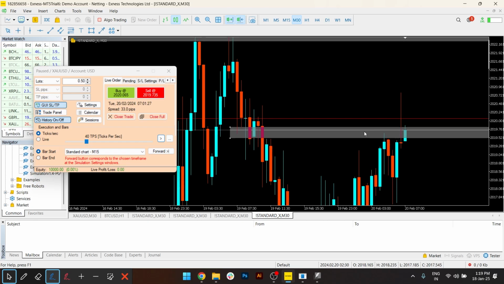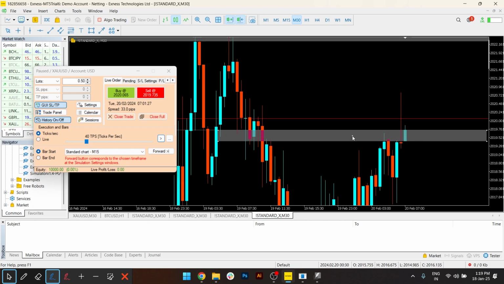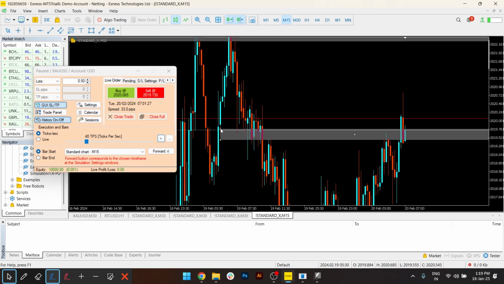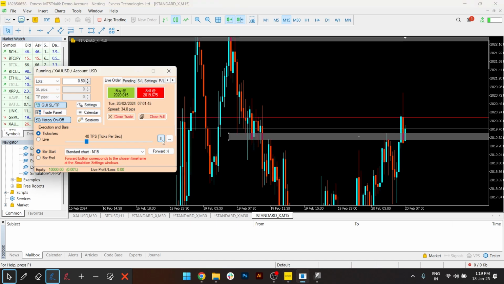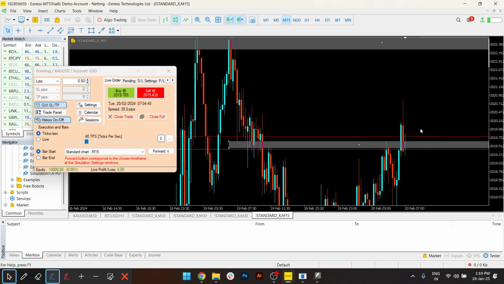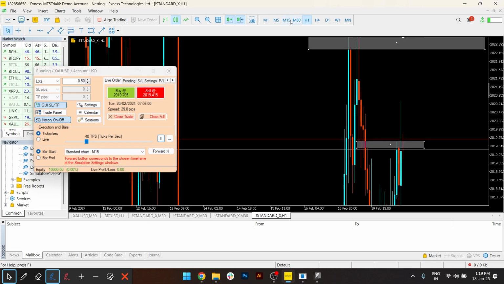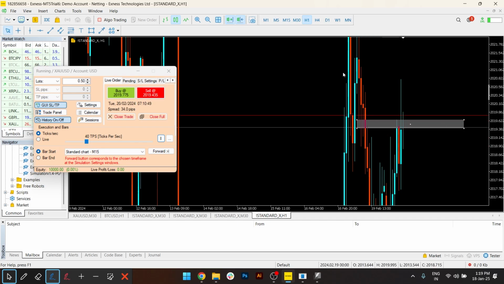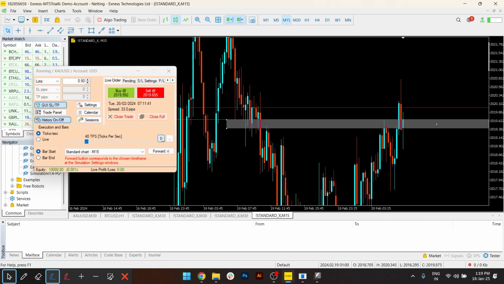On the 30-minute, we have some rejection. The 30-minute is not good price action, so I want at least a 15-minute candle to close bullish, and then we can take a buy, right? We also have a wick on the 1 hour time frame. So the 15-minute closing bullish makes a lot of sense here to take a buy.